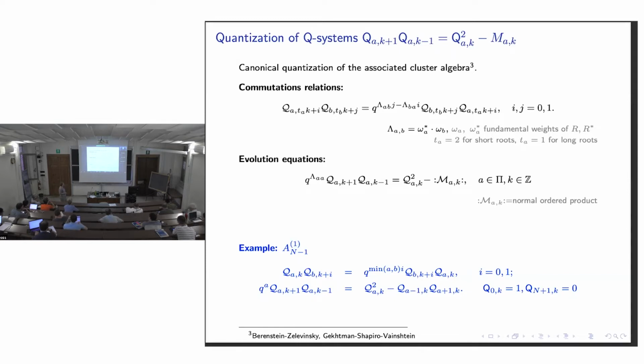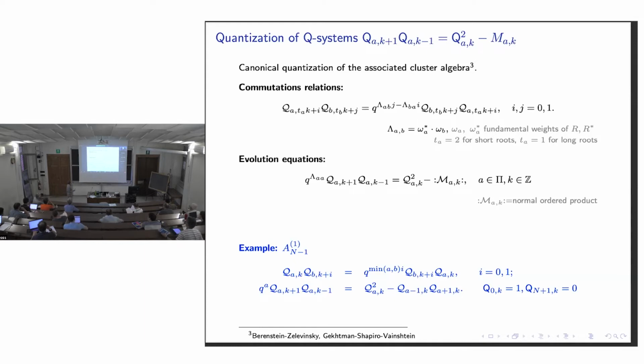Neighboring K's Q commute with the matrix min(A,B). Min(A,B) is closely related to the inverse Cartan matrix of SLN. And the evolution equations for these non-commuting variables just have a Q to the A here. It turns out that these two commute. So in fact, it's a very simple system for type A. It looks almost identical.